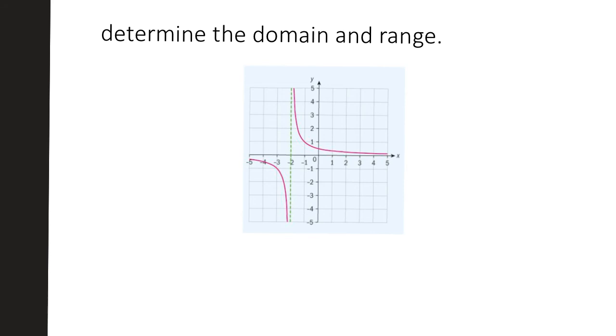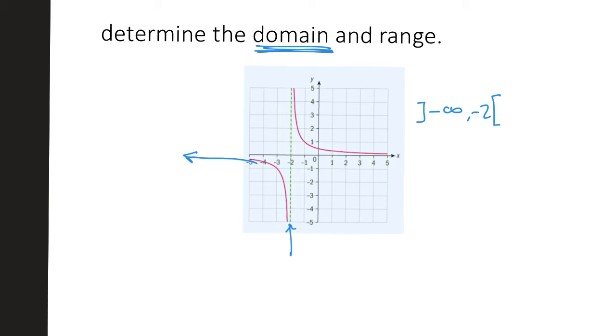Okay, scooting this up. This is interesting. As far as domain, it's the x values. It looks like I have x values everywhere except where there is an asymptote. So you're going to do this in interval notation. This continues on to the left forever, so from negative infinity until I get to this asymptote at -2, which is not inclusive.